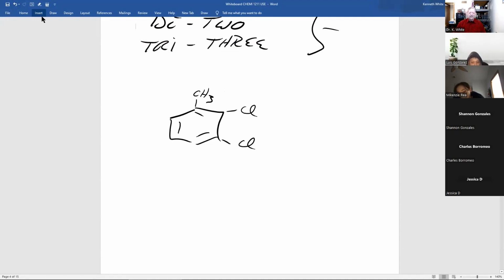And why don't you do this one? Give the IUPAC name of this molecule. 3 points each.